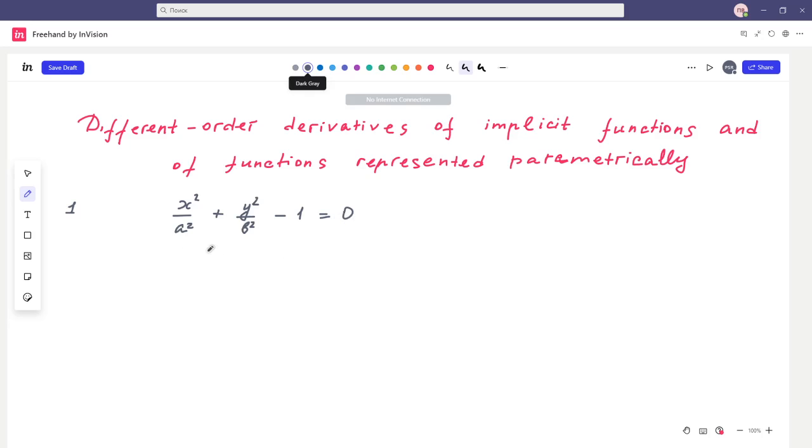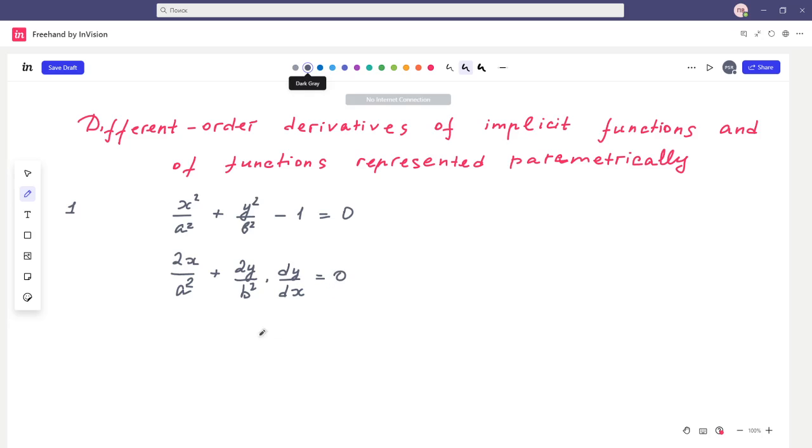We have 2x over a squared plus 2y over b squared times dy over dx equals 0.